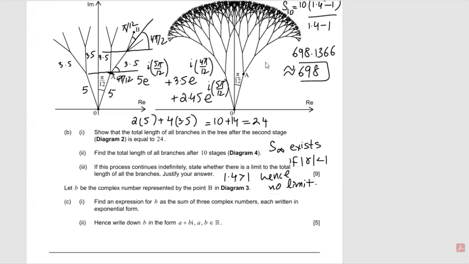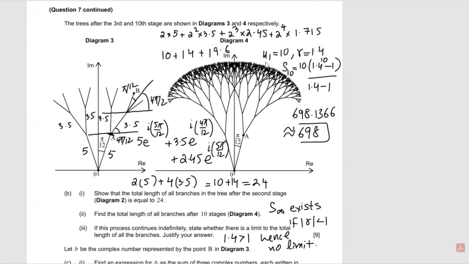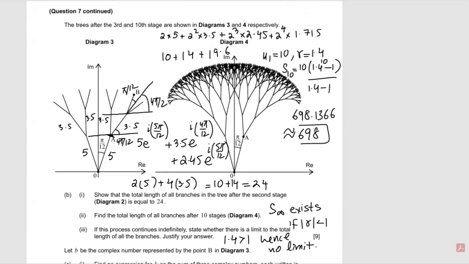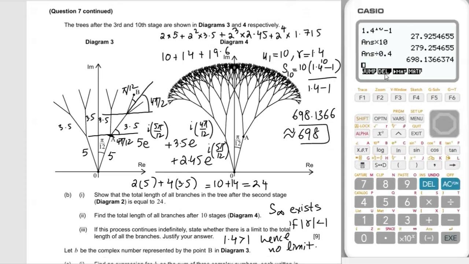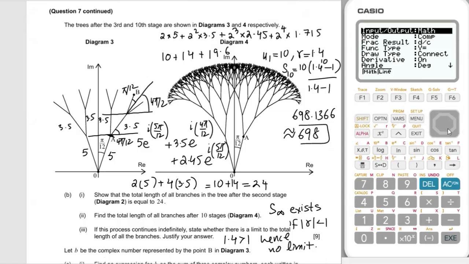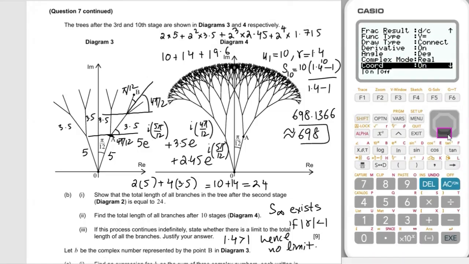Now they're saying, hence write down B in the form a plus ib. So how do you convert it? There's a nice trick you can use for this. Go to Shift, Setup, and scroll down in your GDC. My mode is right now real, but make it a plus ib.